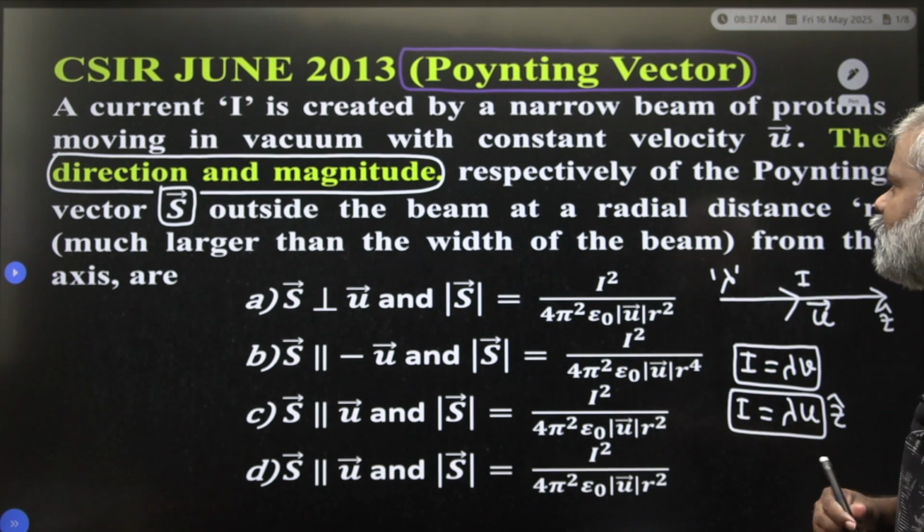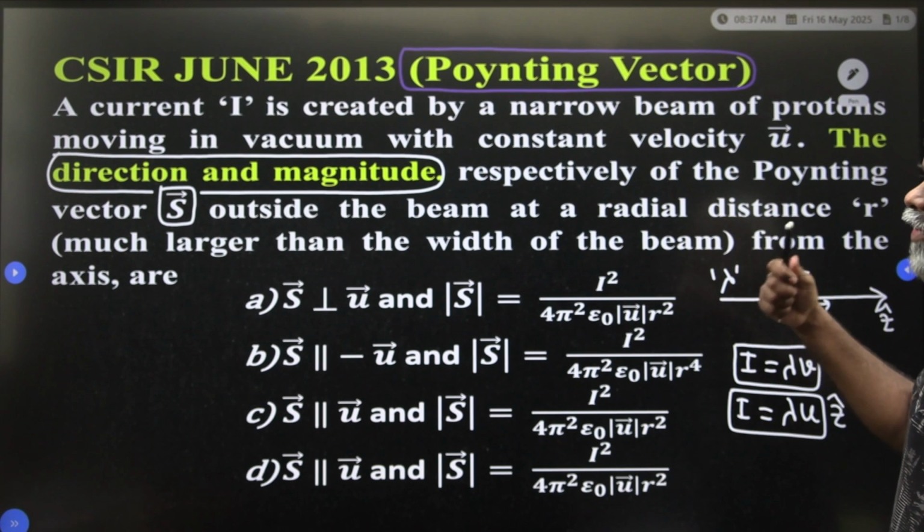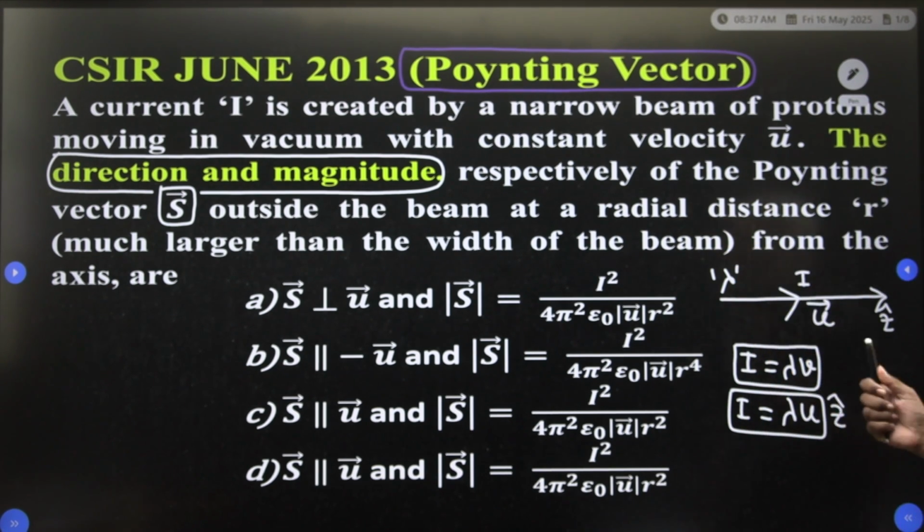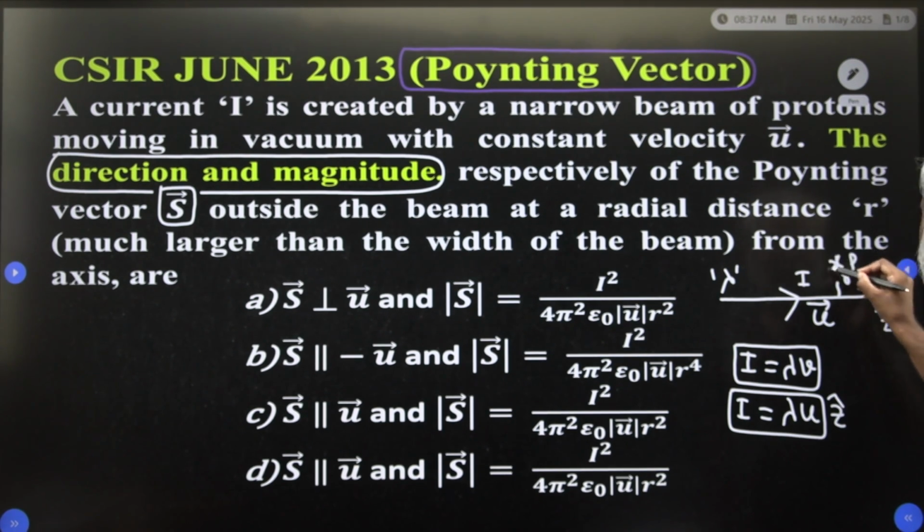To calculate the Poynting vector, direction and magnitude, we take the radial distance r from the axis at a particular point P.